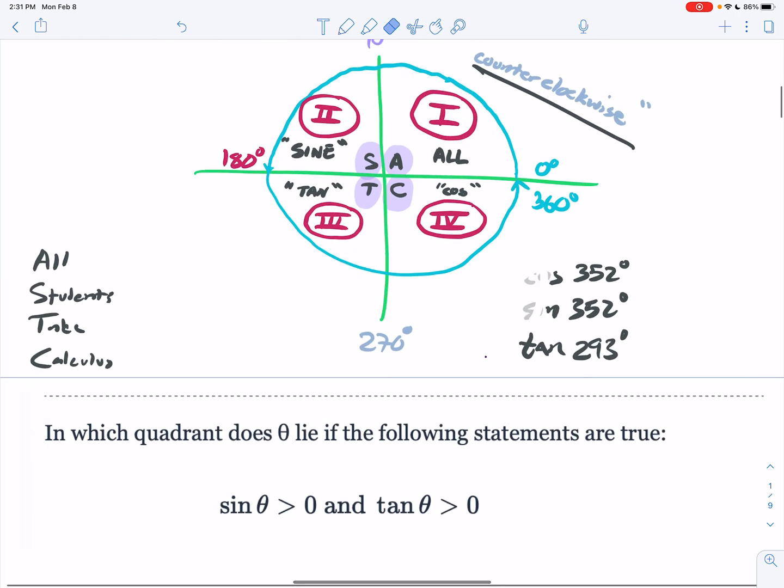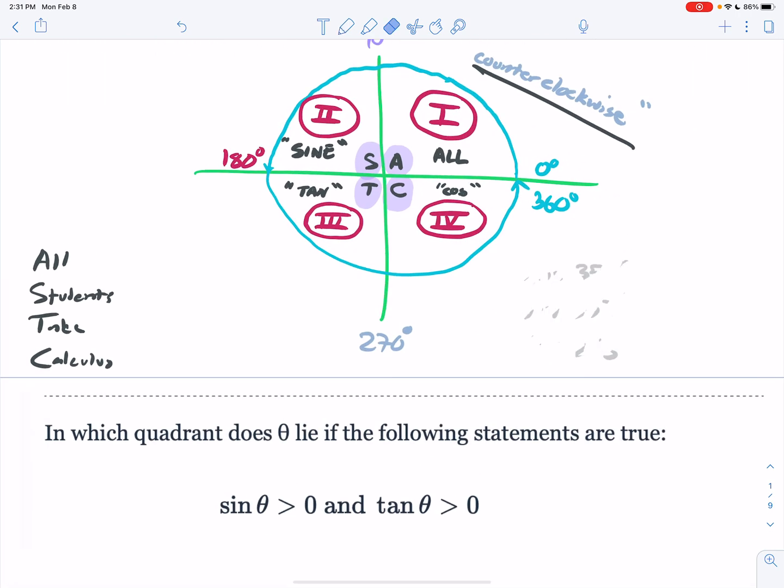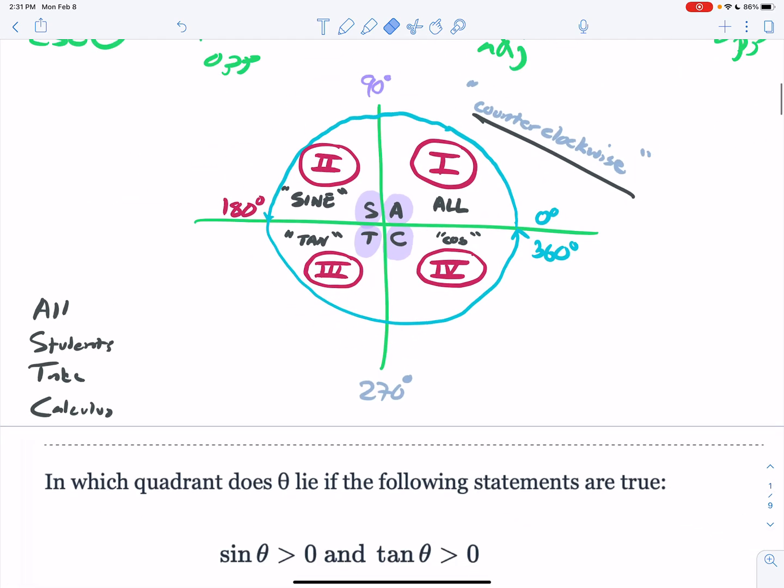So before you move on, make sure you can answer this question. Do I know what the purpose is for the phrase, all students take calculus? What does it tell me? Okay. Press play when you think you have it.